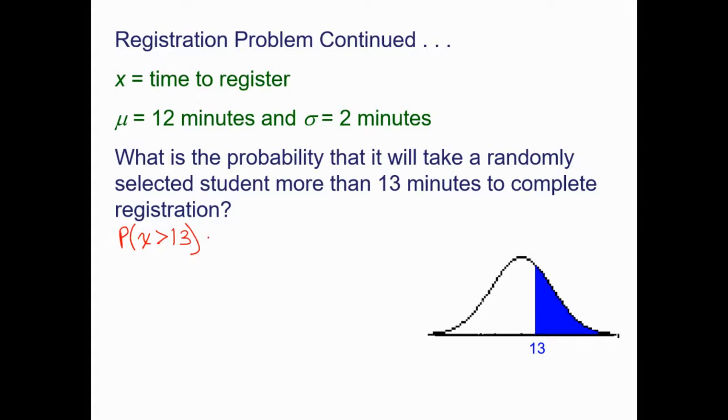So let's standardize this. Turn our x into a z. And then we have to do our 13 minus the mean divided by the standard deviation.